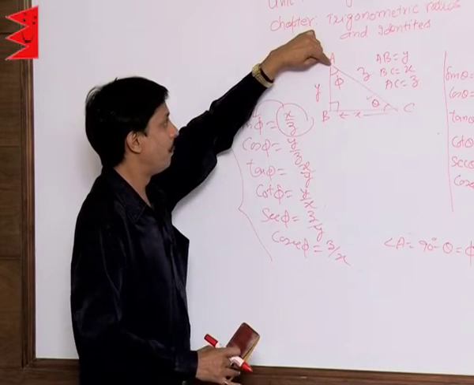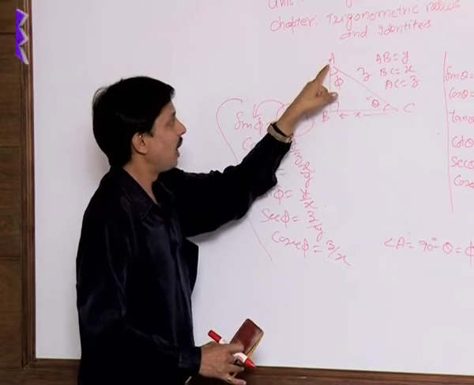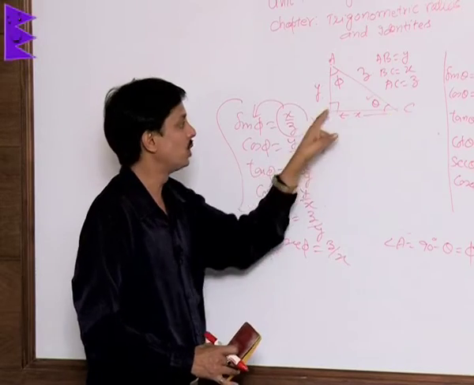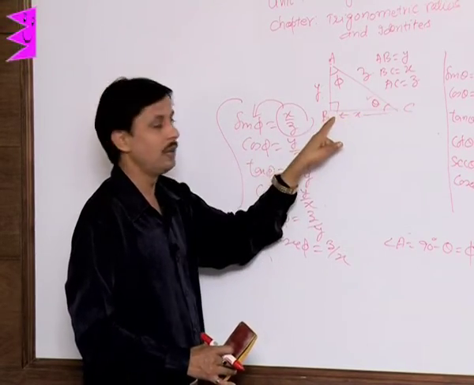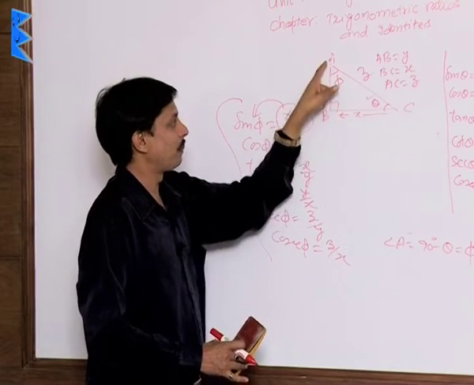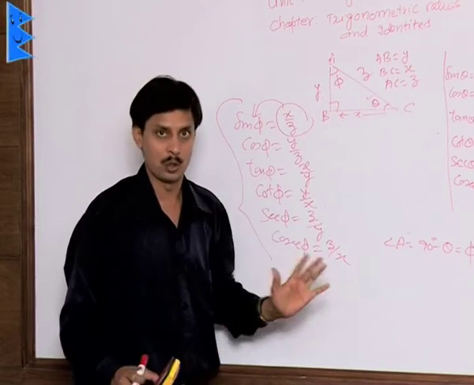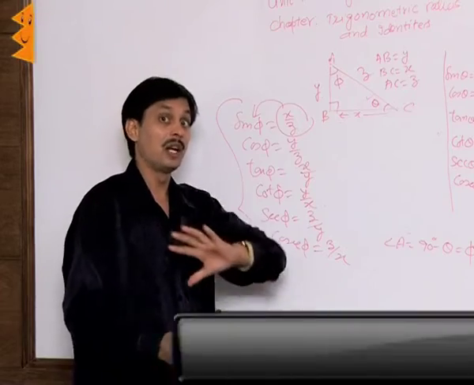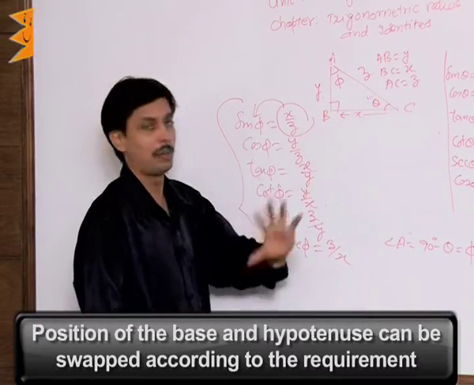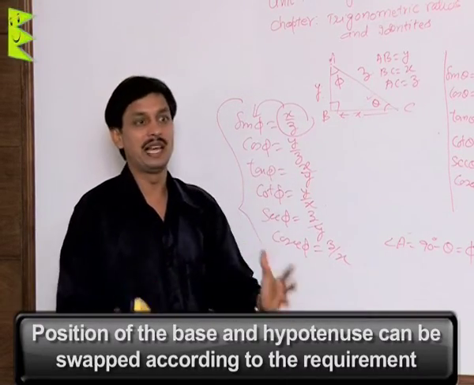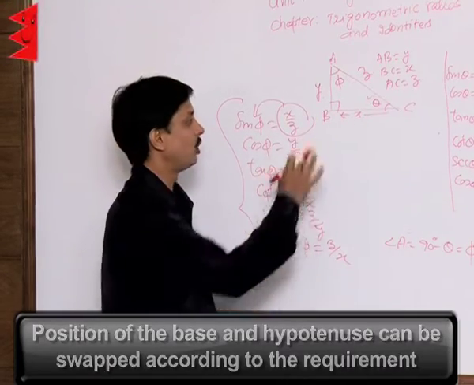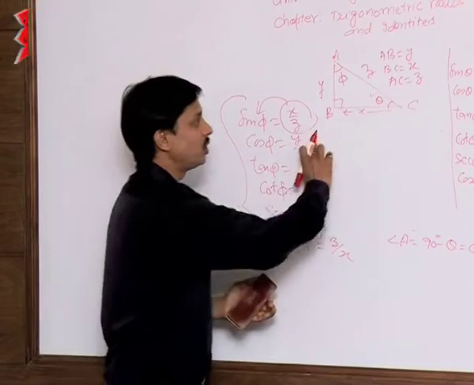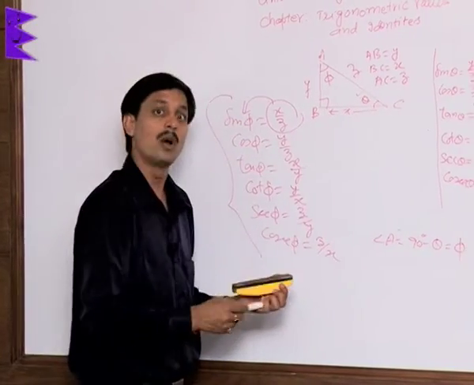For phi, the base will be AB, AC will be the hypotenuse, and BC will be the perpendicular. For theta, BC will be the base, AB will be the perpendicular and AC will be the hypotenuse. So it is clear that the positions of base and perpendicular can be swapped as per the requirement of our study of the angle.